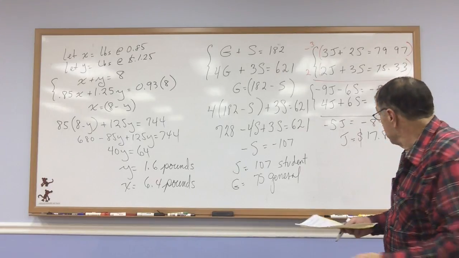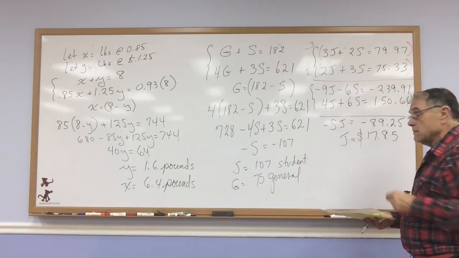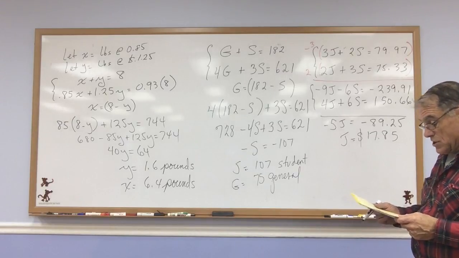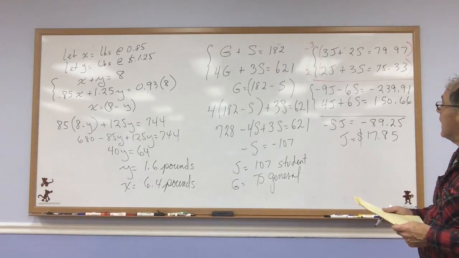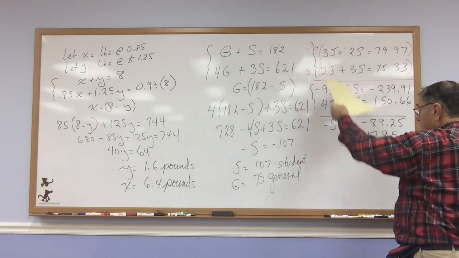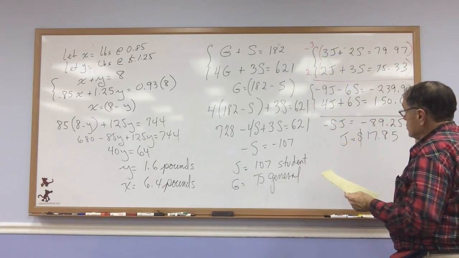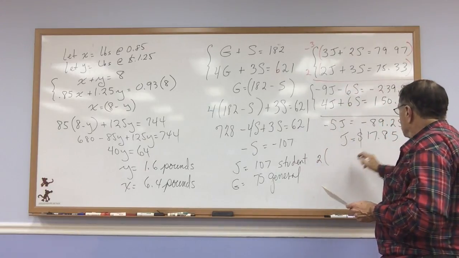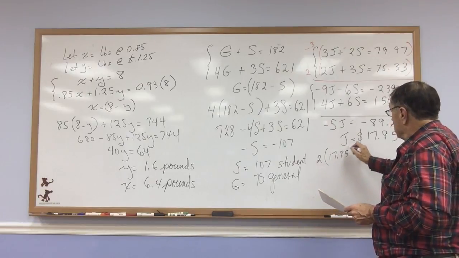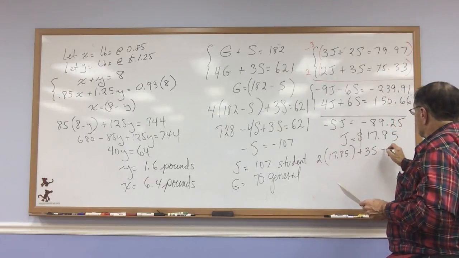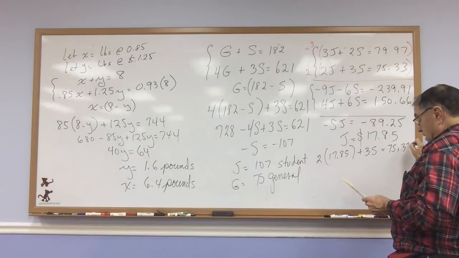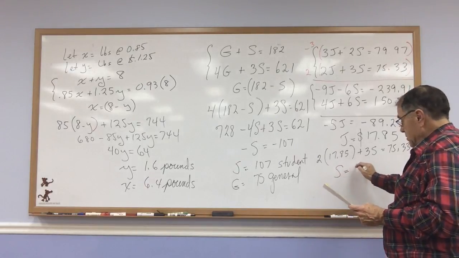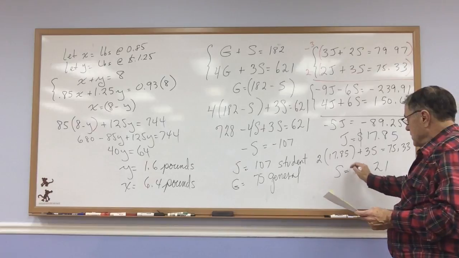In Japan, the average ticket cost is $17.85. Well, I want to find what it would be in Switzerland, and I can do that by coming back to either equation. I came back to the second equation, so I'm going to take 2, replace j with 17.85 plus 3s is equal to 75.33, and I'll solve for S. S equals $13.21.